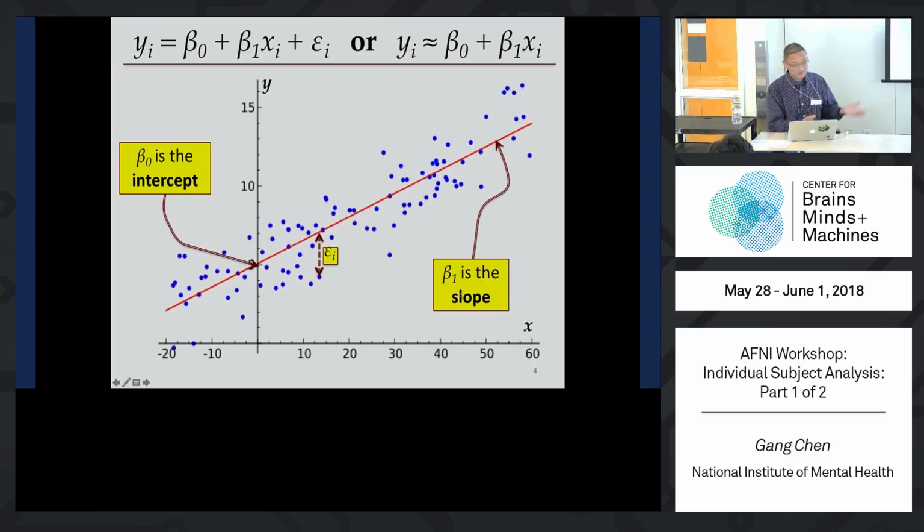The intercept, we're going to come back to, especially at the group level. At the individual subject level, the intercept is usually the baseline; we don't care about it, but we do need to put it in the model. The slope, in general in a linear model, shows the marginal effect: when X increases by 1 unit, what is the amount of change in Y?